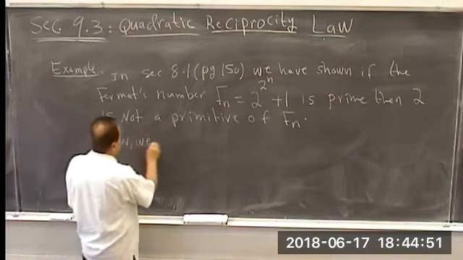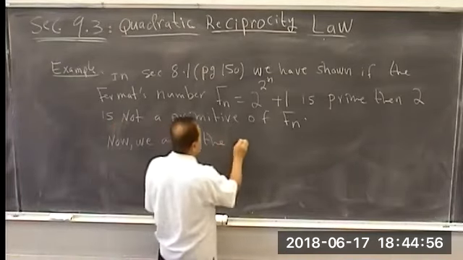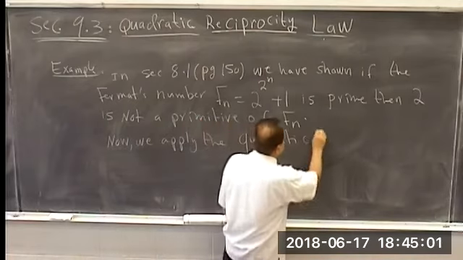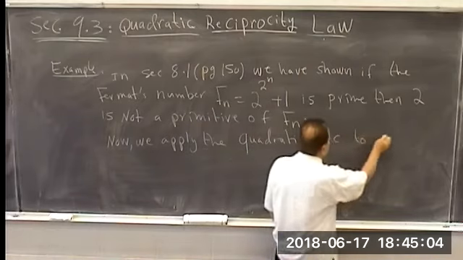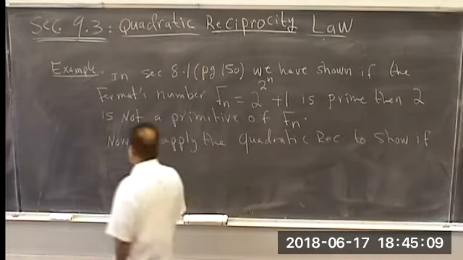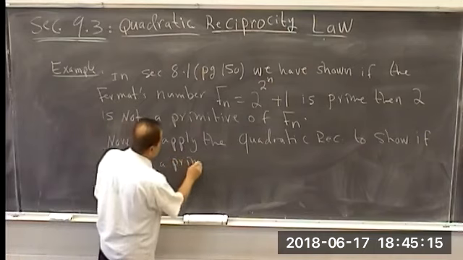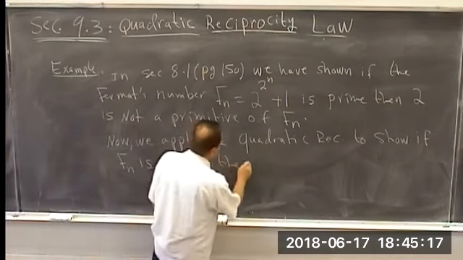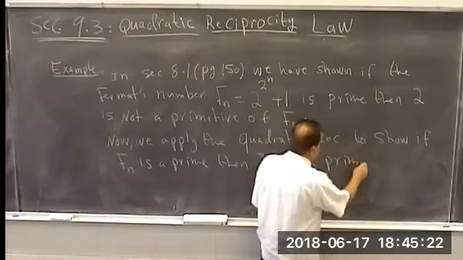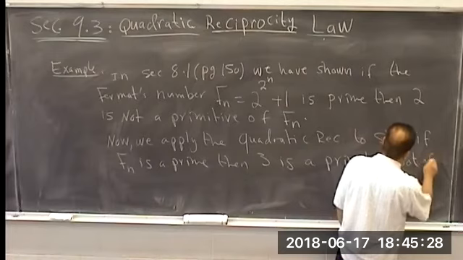Now, we apply the quadratic reciprocity to show if Fn is a prime, then 3 is a primitive root of Fn.